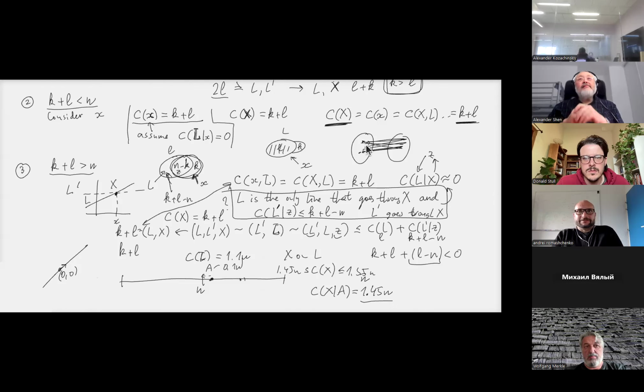Then naturally we can say that not all lines have this intermediate complexity, not all points are like that, not all pairs are like that. So this would not be that surprising.